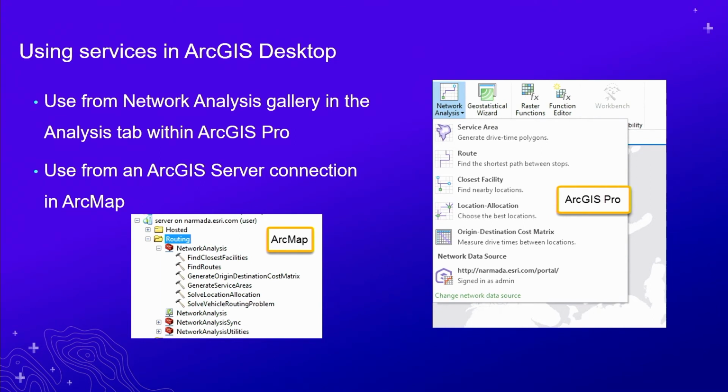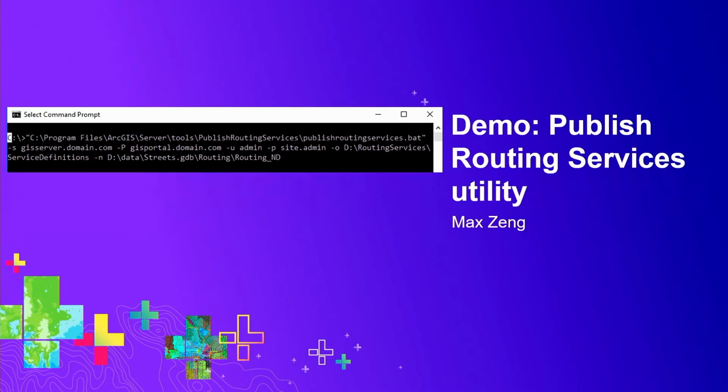Or if you are in ArcGIS Pro, you can go to the network analysis gallery, set your network data source to your enterprise portal where you have published these routing services, and then you can use them from within the network analysis gallery. So with that, I'm going to hand it over to my colleague Max, who will show you a demonstration on how to work with the Publish Routing Services utility.